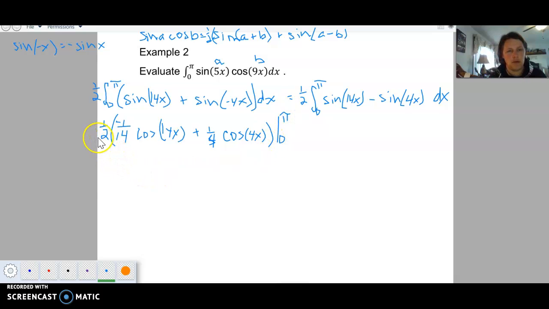Okay, so now I'm going to multiply that 1/2 all the way through. I'm also going to plug in a pi.